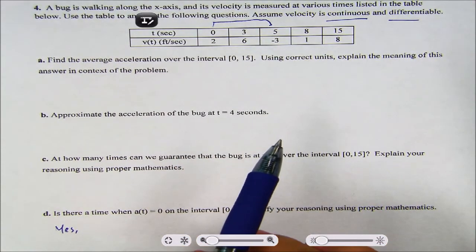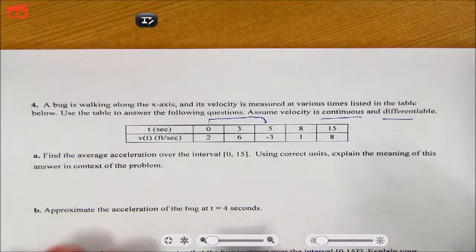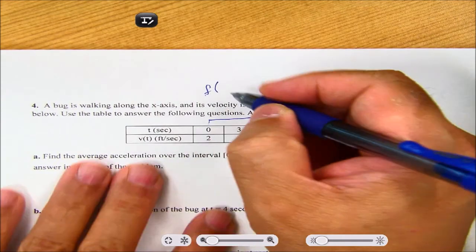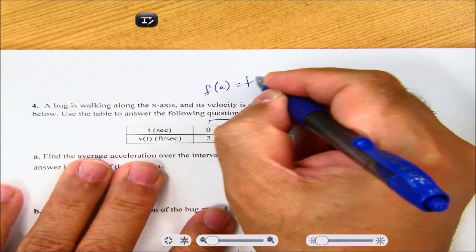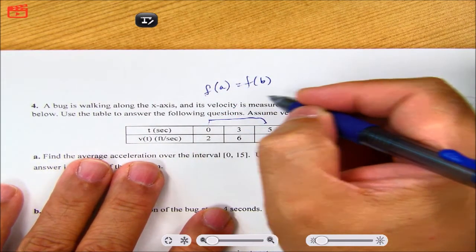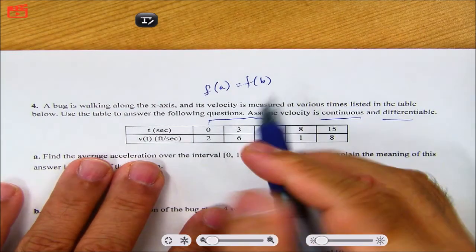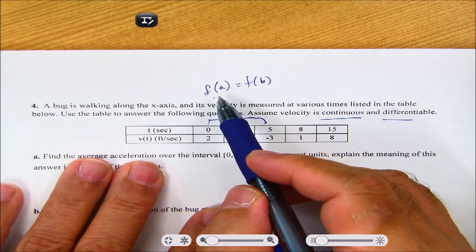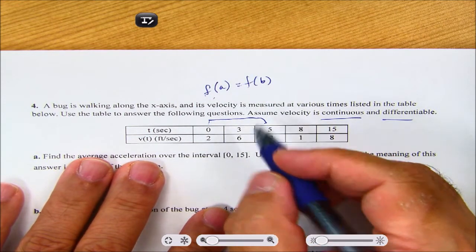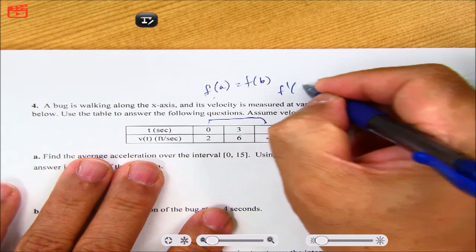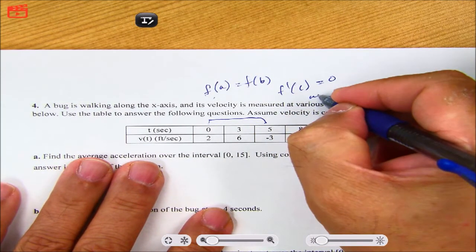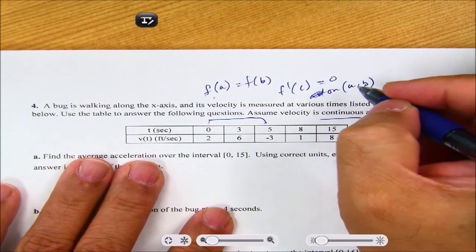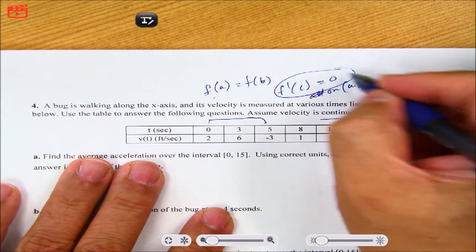Remember, Rolle's theorem says something like this: if I have some function f such that f of a equals f of b, and f is differentiable and continuous, then there must be an f prime of c equals 0 on the interval a to b. All right, that's what that says. So there must be some point where it's equal to 0.